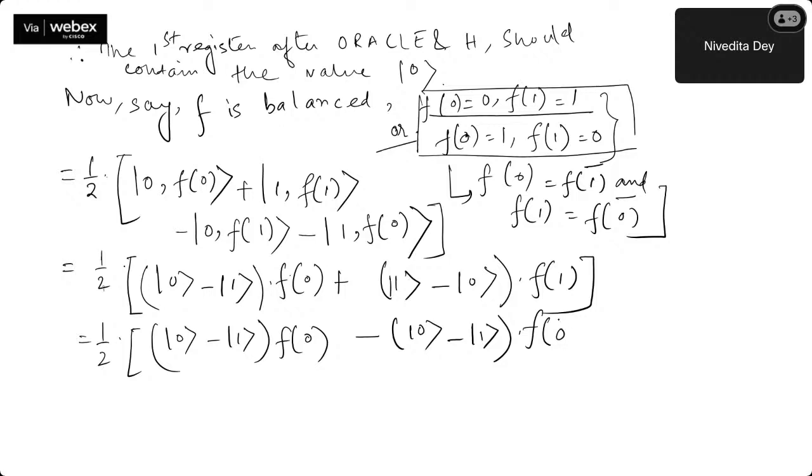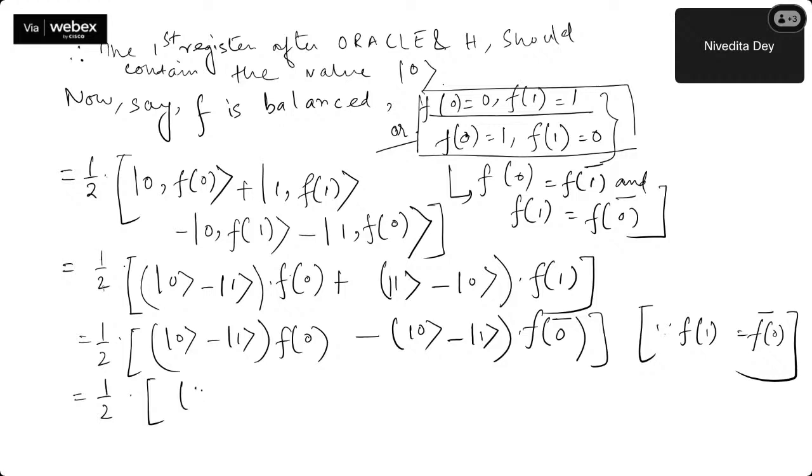Now, in place of F1, can I write F0 bar? Yes, I can write. Why? Because F1 is nothing but F0 bar, because it is a balanced function. That was our assumption. So from here I can write half of K0 minus K1, and taking this as common, F0 minus F0 bar.